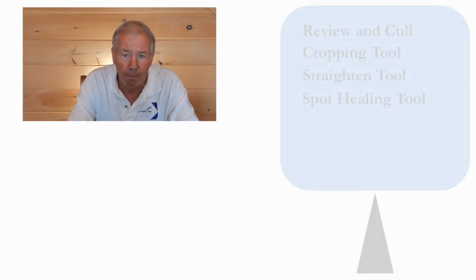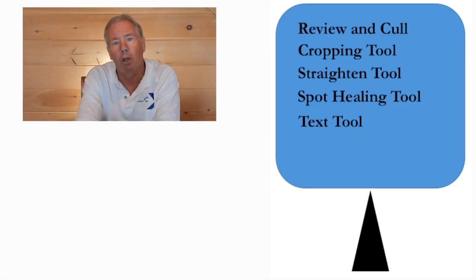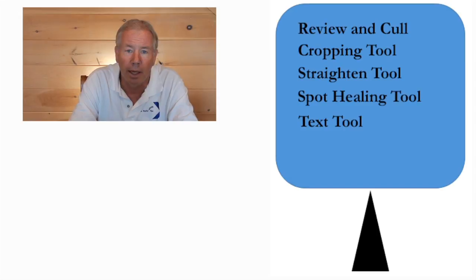Very, very cool. All right, we ended this section with a look at the text tool. Very easy to use. Click on the tool, click on a part of the image, and start typing, and you're adding text to your image. Easy enough.